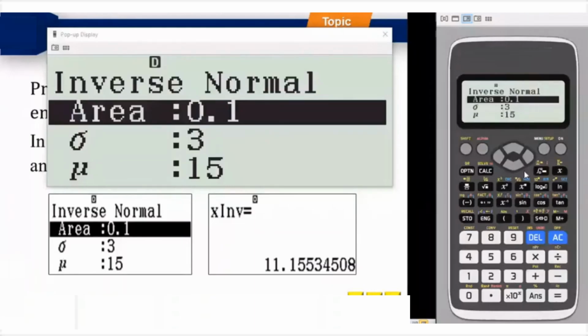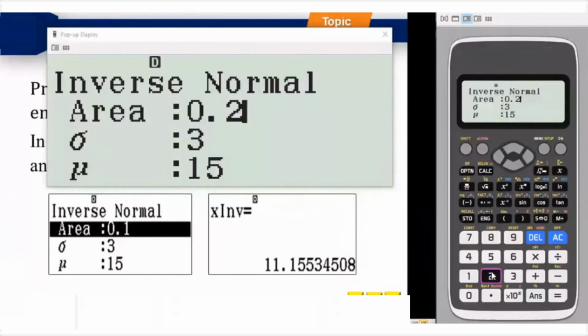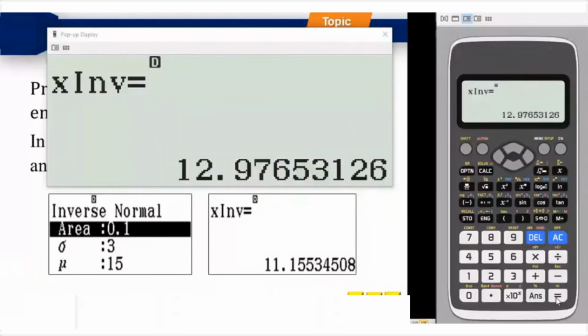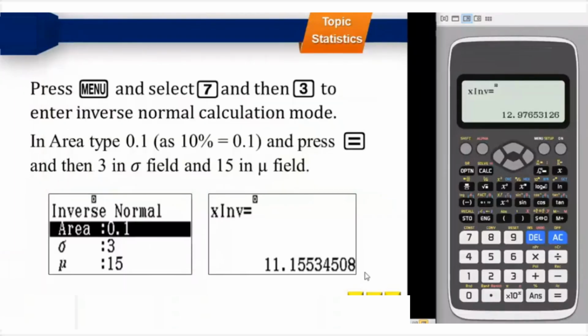Since it's the same question, standard deviation is 3, mean is 15. And the result is 12.976. In this case, if 25% students pass the exam, 25% students fail the exam, then the passing marks would have been 12.97. I hope this is clear.